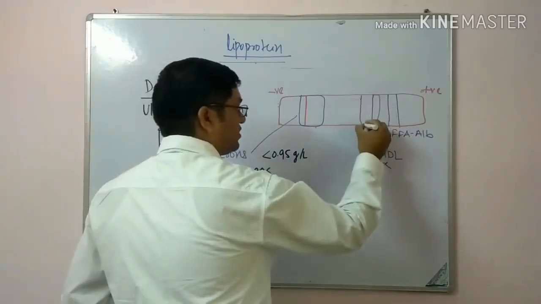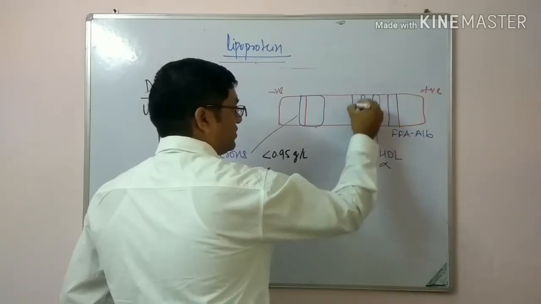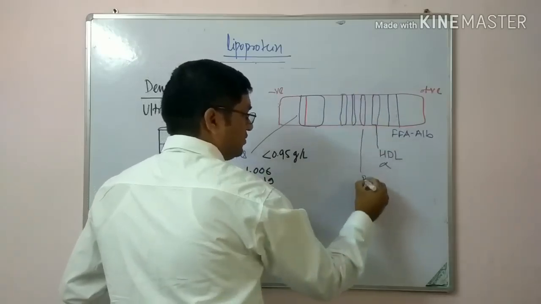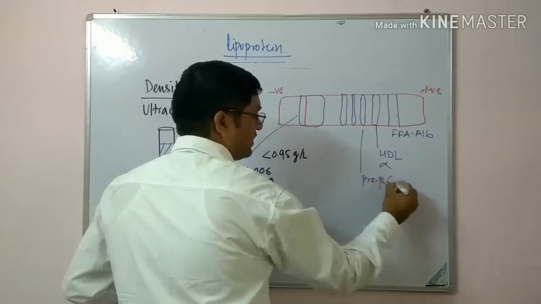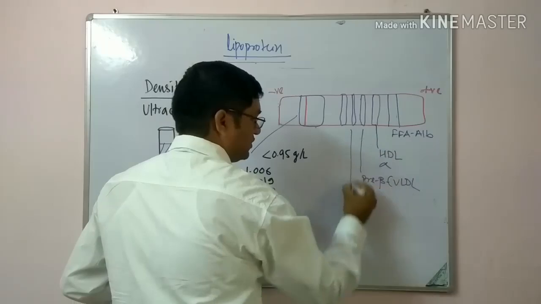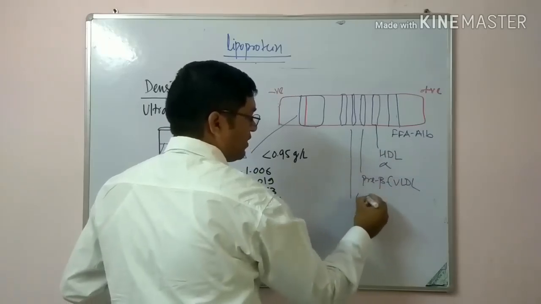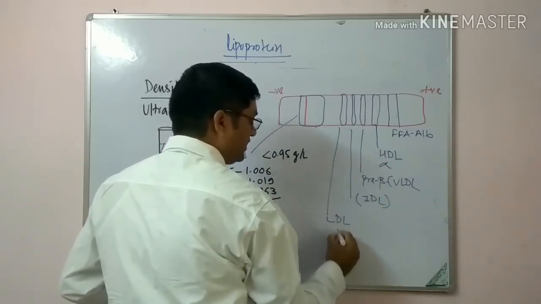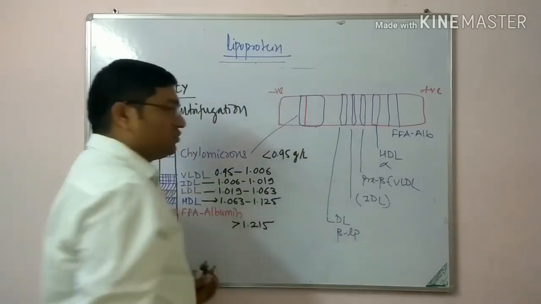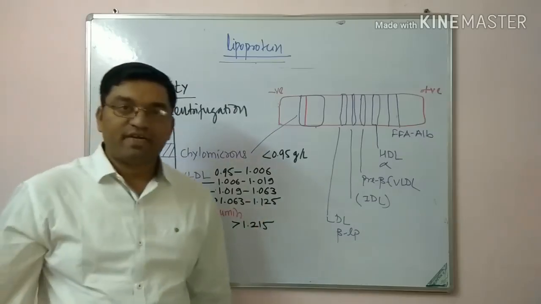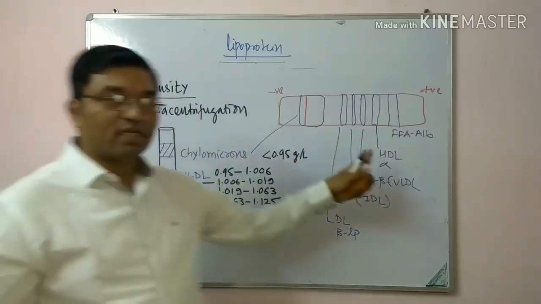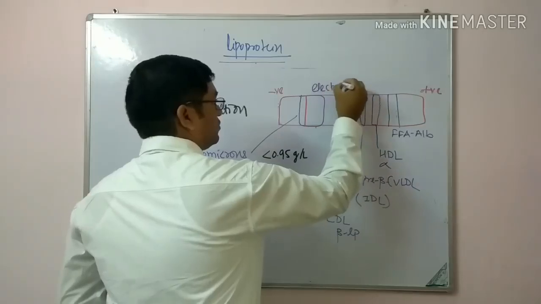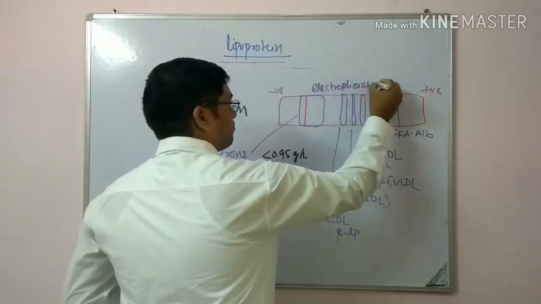Then pre-beta, broad beta and beta. This is pre-beta, that is VLDL. This is broad beta, that is IDL, and this is low density lipoprotein, that is beta lipoprotein. So this is how lipoproteins are classified on the basis of their density and their electrophoretic mobility.